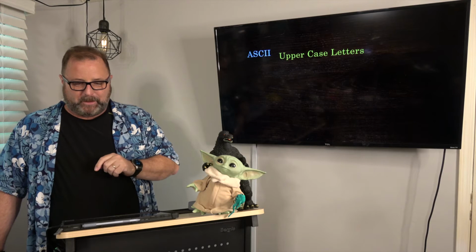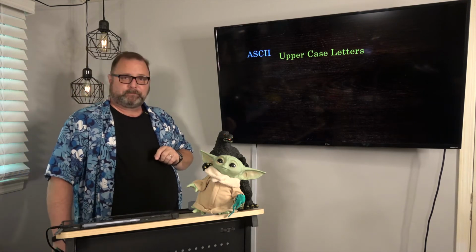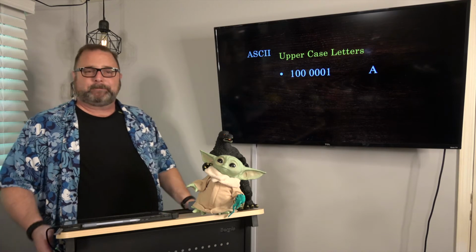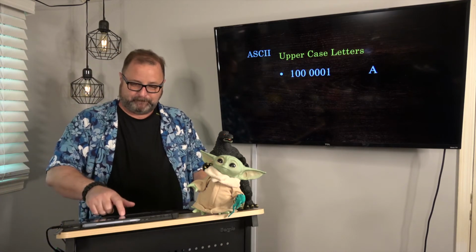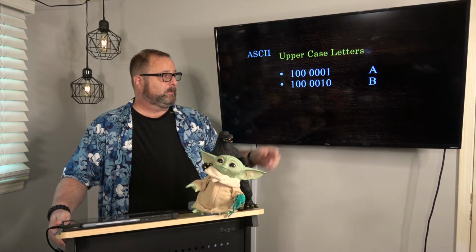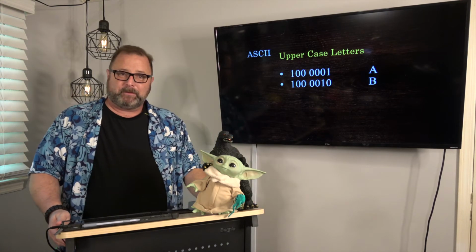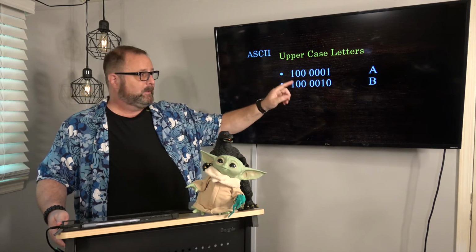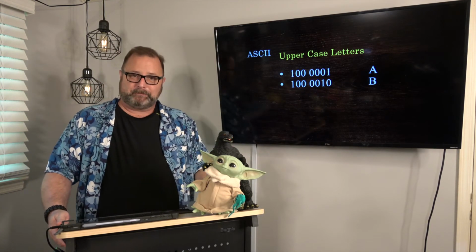Now, if we look at uppercase letters, okay, they started with 100 was the letter A. 100, 0010 was a B. So if the computer saw 100, it knew that it was getting a letter.